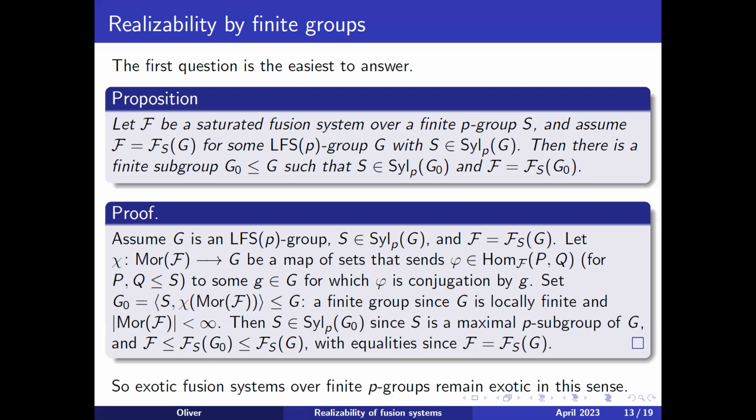And it's easy to check that it has the same fusion system because by construction, F is contained in F_S(G_0), and F_S(G_0) is contained in F_S(G). And since the first is equal to the third by assumption, then, well, it's over a finite p-group, and you've only got finitely many subgroups, and finitely many morphisms between any pair of subgroups, yes.